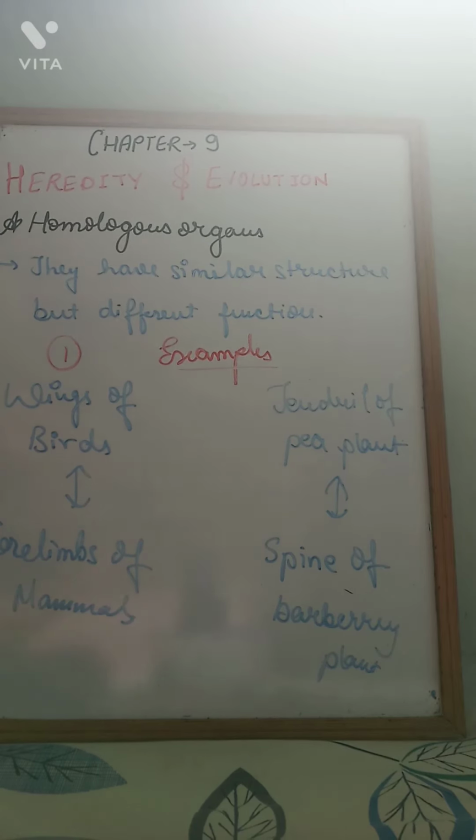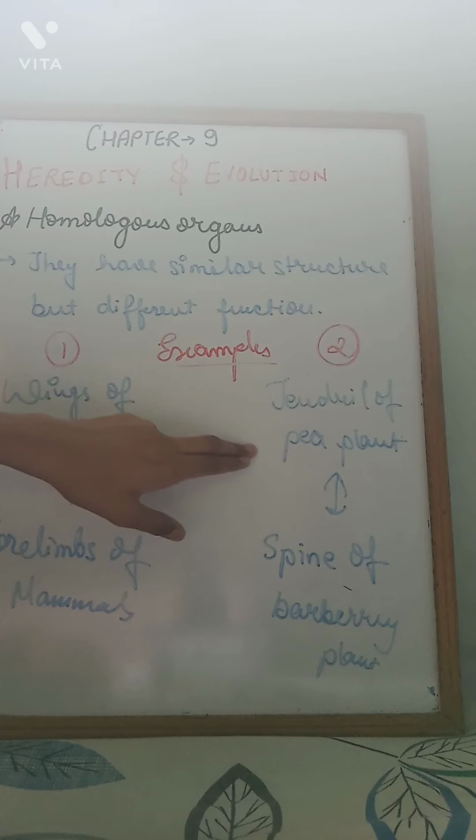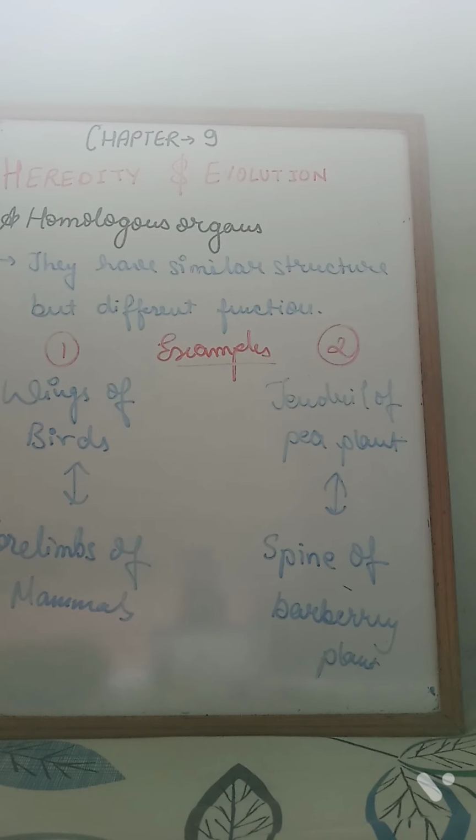They both have a similar structure but are modified to suit different functions. Second example, tendrils of a pea plant and spines of a barberry plant. They both are modified leaves but perform different functions.